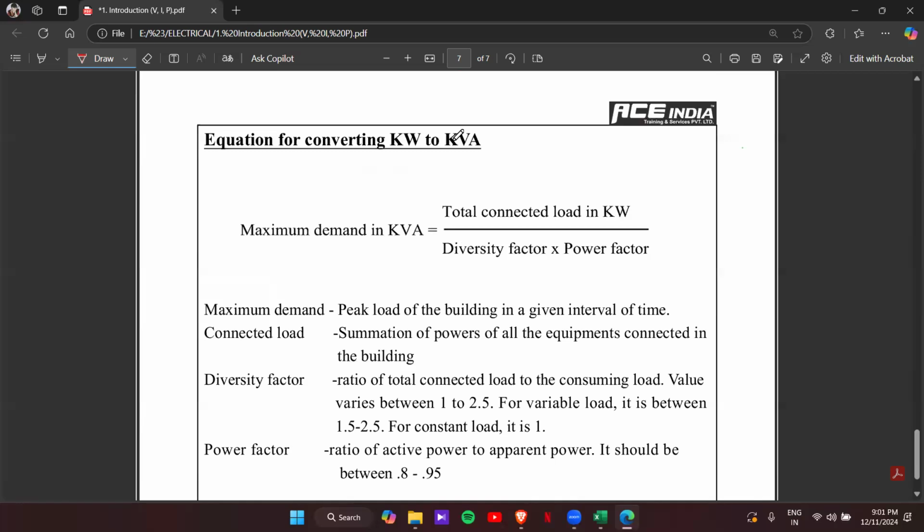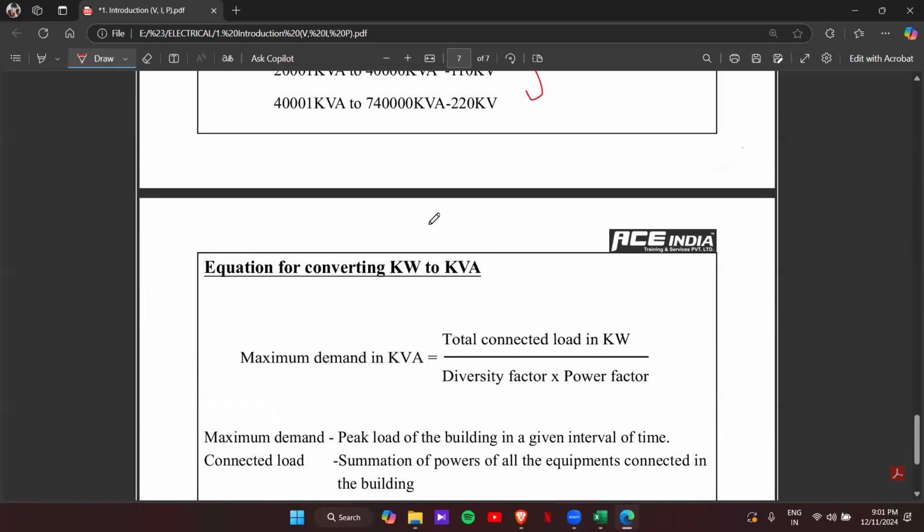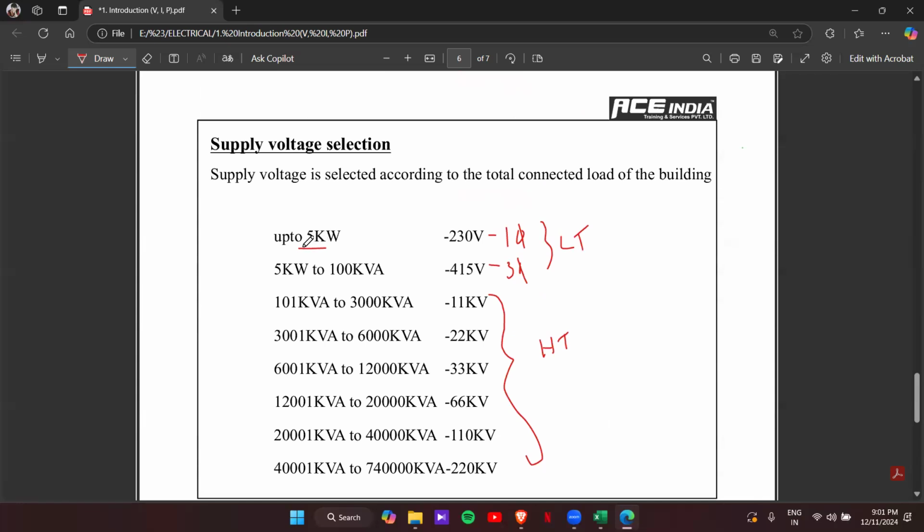Here you can notice one thing: I have written 5 kilowatt, then next is 5 kW to 100 kVA, it's not given in kilowatt. Why? Because above 100 kVA, we'll get 11 kV supply, and the transformer and DG are available in kVA rating. So the conversion is very important.